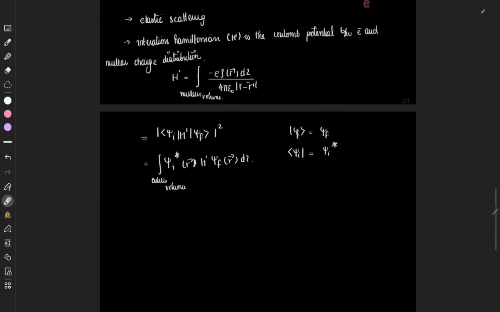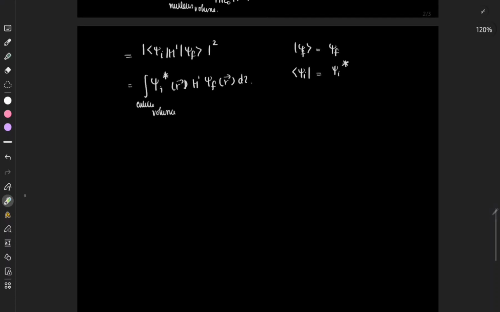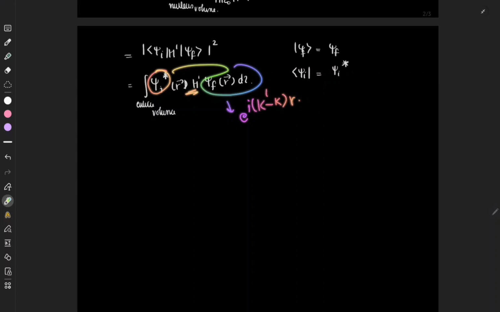So these two terms become e raised to i (k dash minus k) dot r, and the rest is the Hamiltonian we have written here.